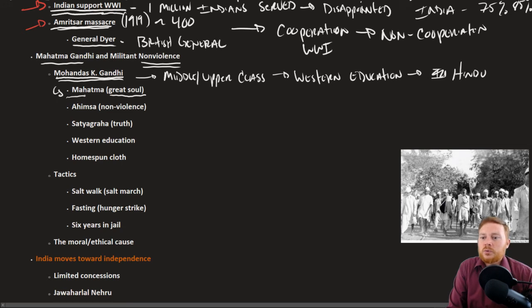Mahatma, of course, was the title, great soul, that Gandhi was sometimes referred to. After Gandhi was educated in Europe, he spent a little bit of time in South Africa. He eventually made it back to India and pushed for Indian independence, using these principles, Ahimsa and Satyagraha.